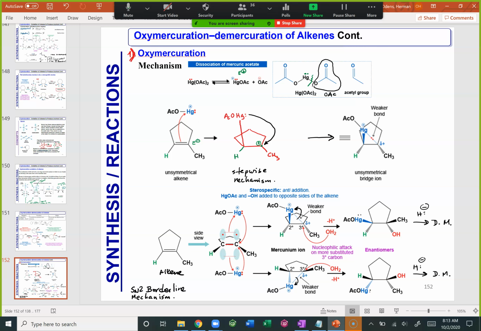And so notice that the double bond attacks the mercury right here, attacks the mercury, and then the mercury swings back its electrons and attacks the most substituted carbon. All right, that is your double slap mechanism.